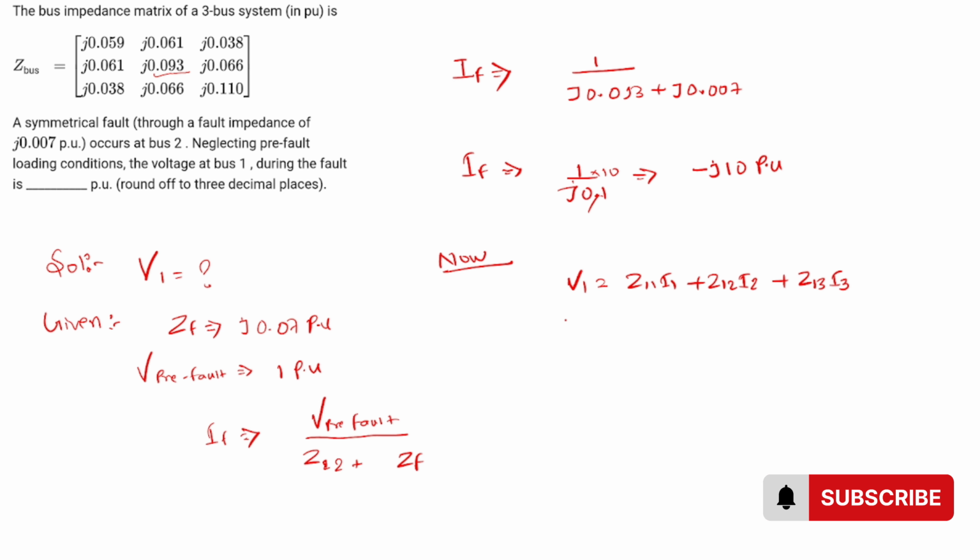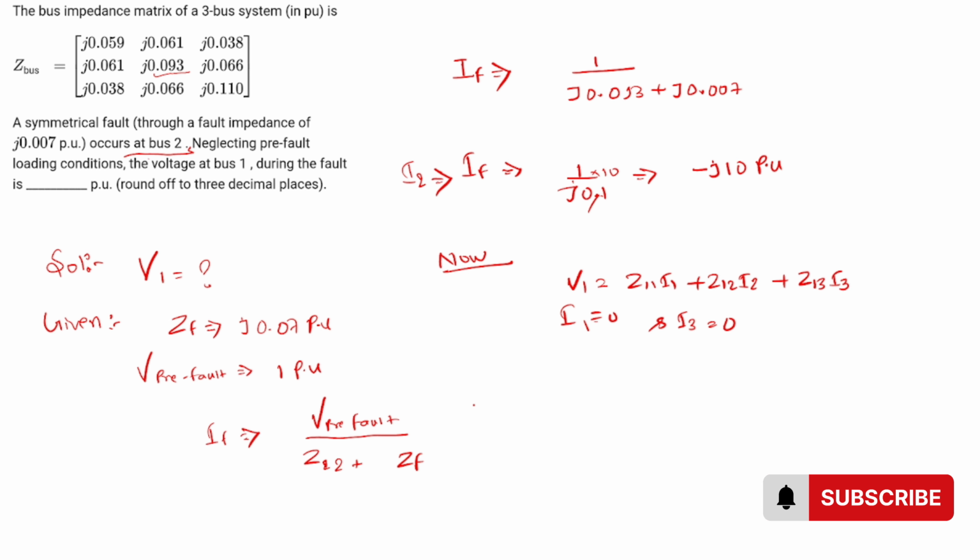In this question I1 equal to 0 and I3 also equal to 0. Why? Because a symmetric fault occurs at bus 2. So only I2 is there, and I2 is equal to the fault current. We can also write I2 equal to IF.